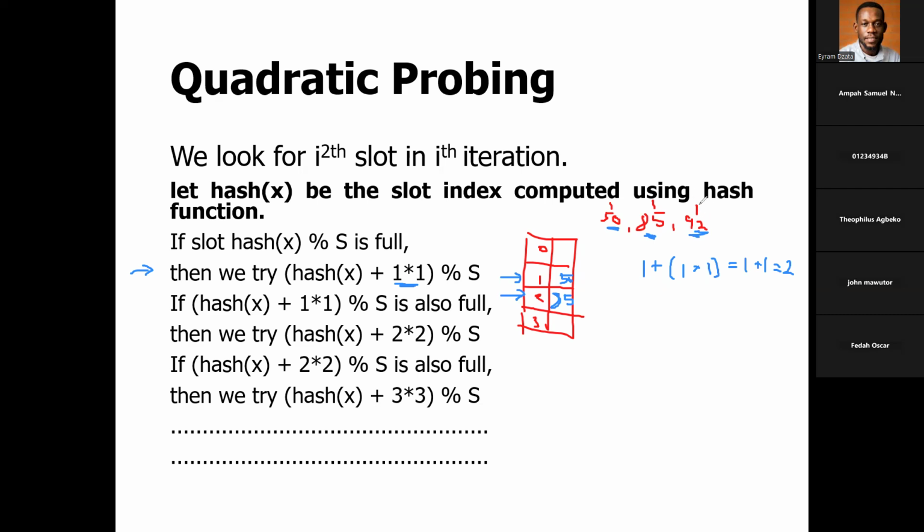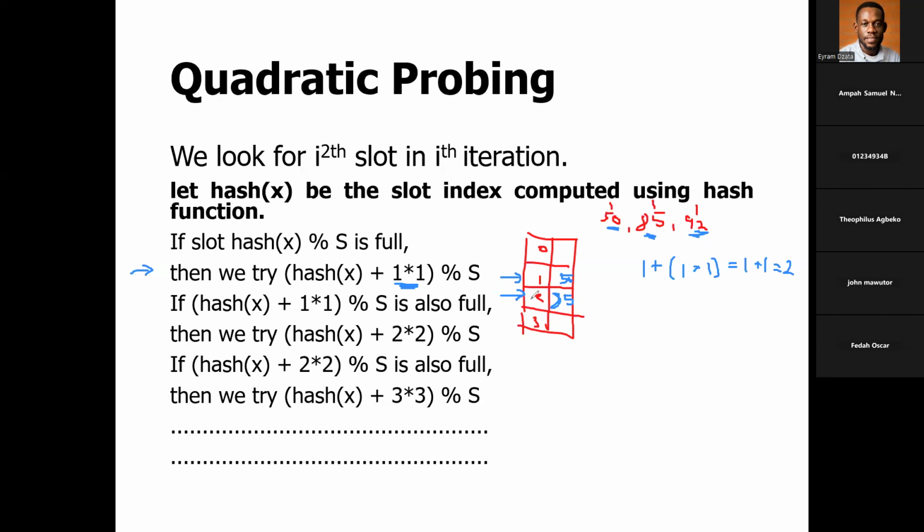Are we all here? Yes, sir. It's giving us a hash value of 1 if we do 91 mod 7. Okay. So that hash value of 1, if we use the first approach, is full, occupied by 50. Then if we use the second approach, 1 squared, we add it to 1.